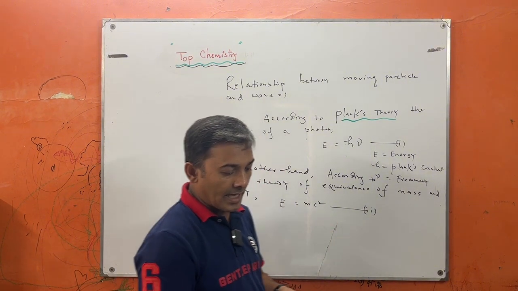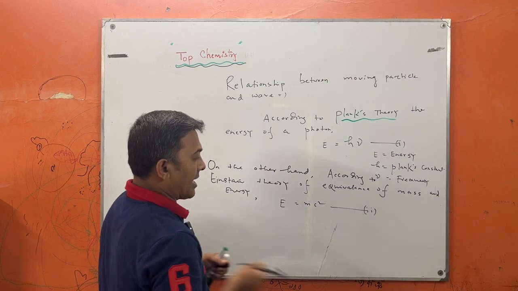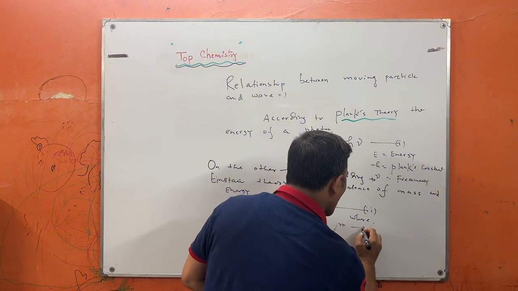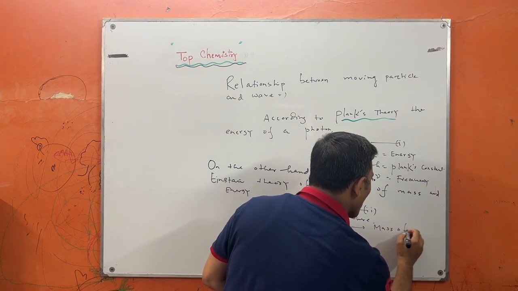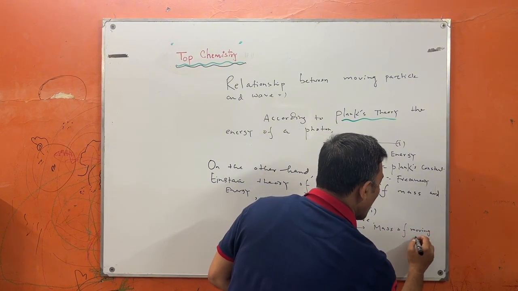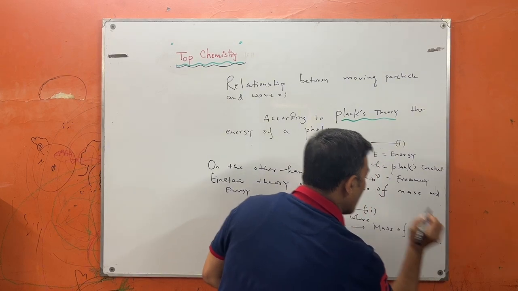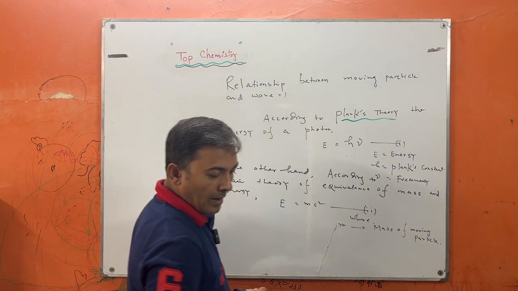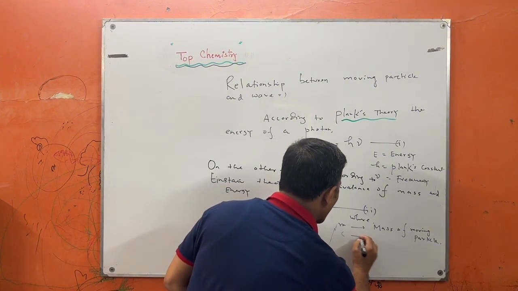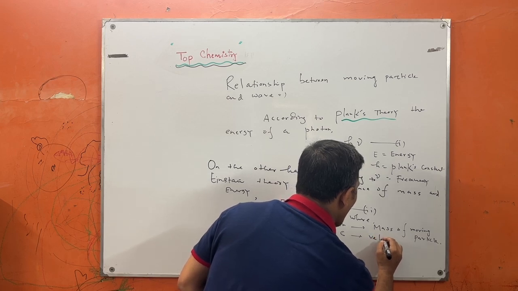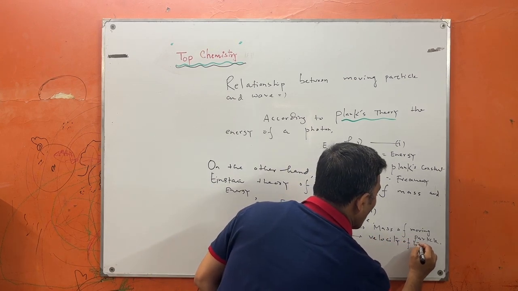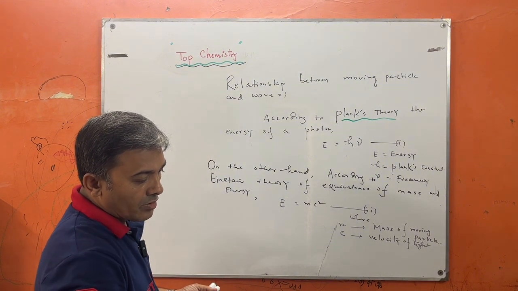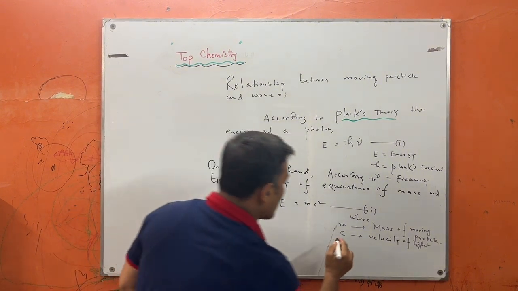Here m equal to mass of moving particle, c equal to velocity of light, and E equal to equivalent energy.